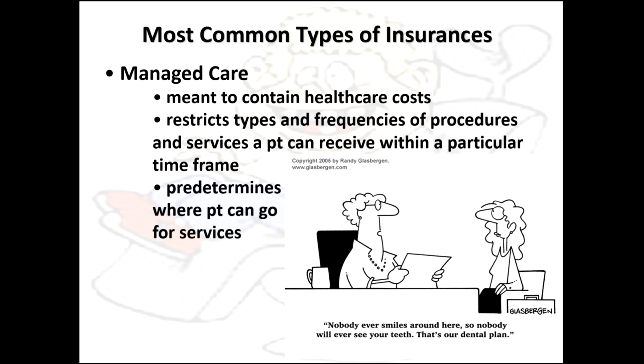You can go see a women's health doctor once if you're a woman. You can go for a mammogram once. They set limitations and restrictions. You can get blood work done twice. And as long as you stay within those confines, you're fine. If you go beyond that, though, then you have to pay for the full amount.